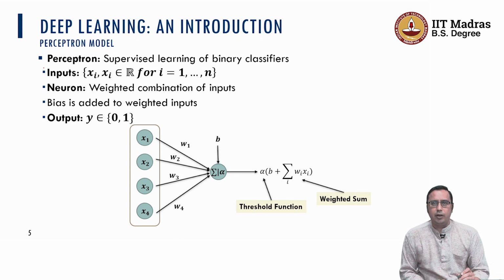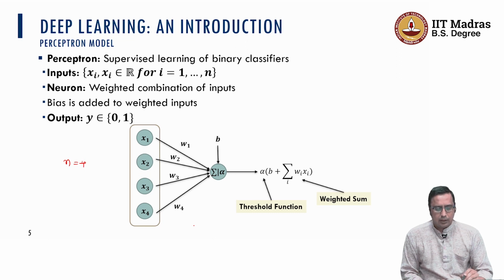The Perceptron model is a binary classifier, which means it's a supervised learning approach, where the input is a set of xi. There can be n inputs. Here we have 4 inputs, n is equal to 4. So we have x1, x2, x3, x4.